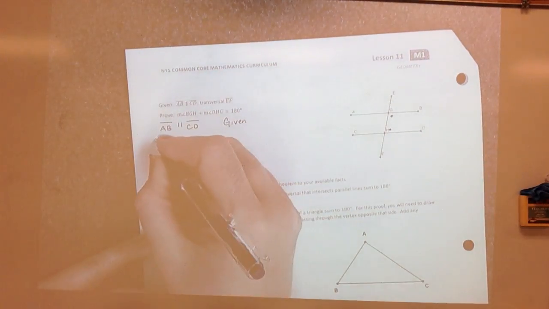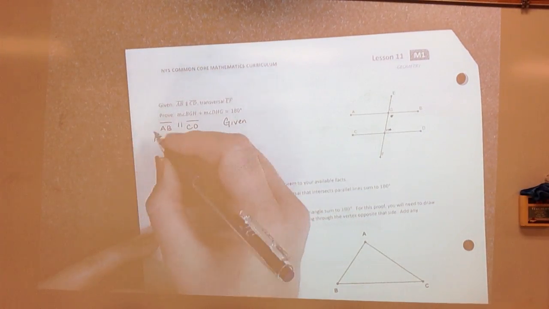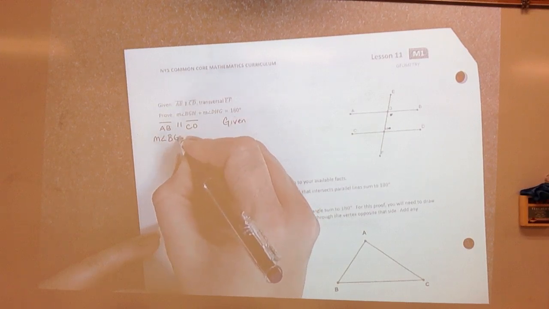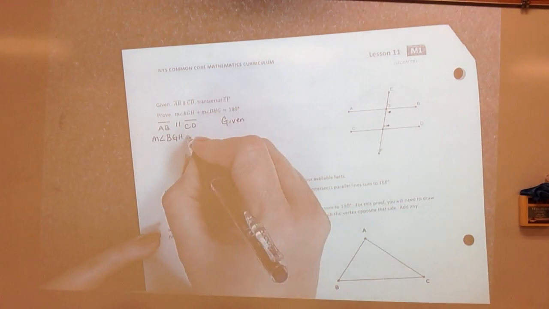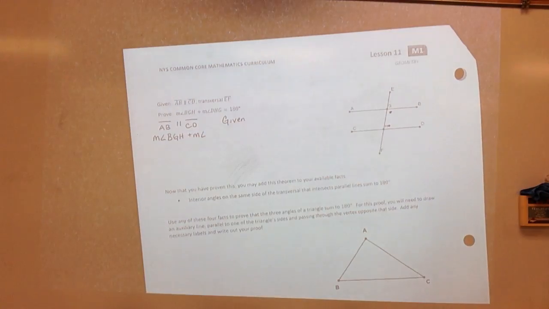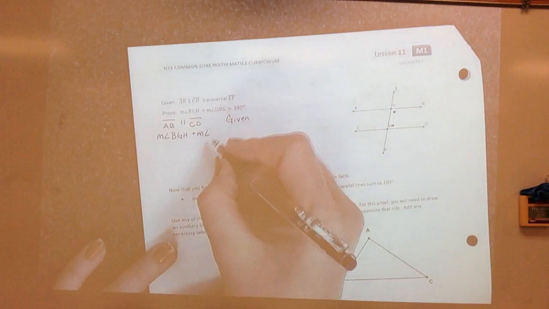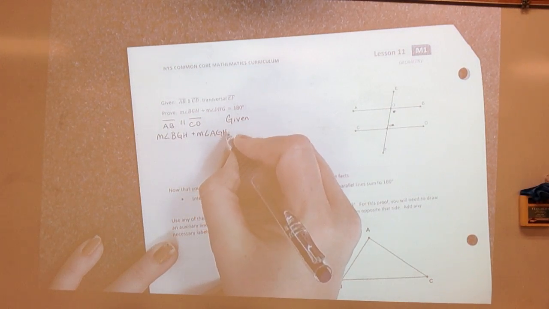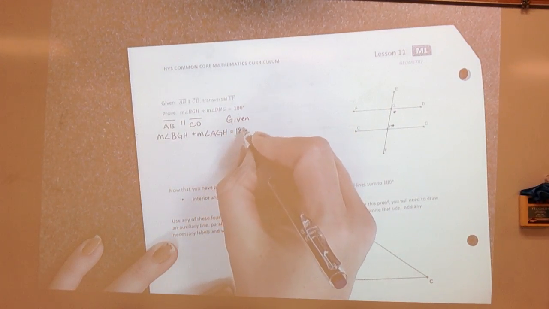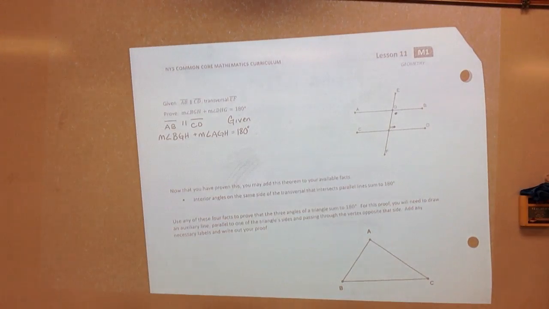So the measure of angle BGH plus the measure of angle AGH equals 180 degrees. Why do I know that?